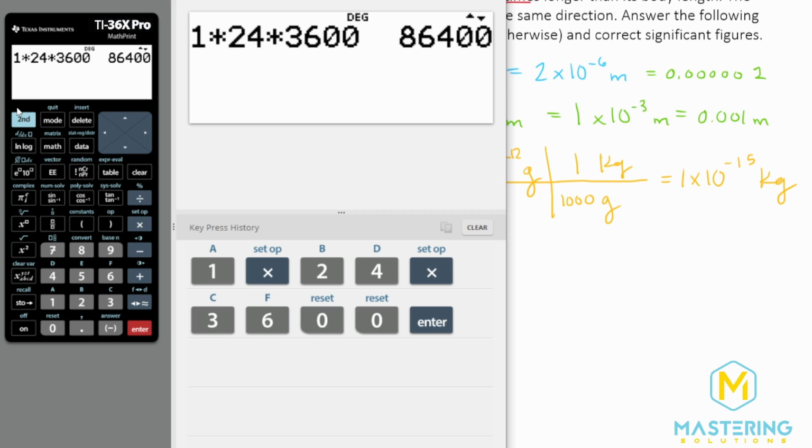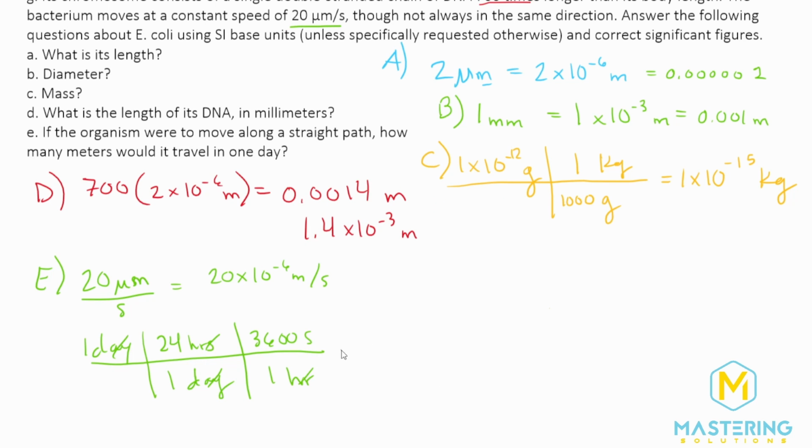It's the same. I just did it for completeness sake. So we have 86,400 seconds. And we could put this in scientific notation so it's a little bit easier to work with. So we have 1, 2, 3, 4. So that is 8.6 times 10 to the 4 seconds.